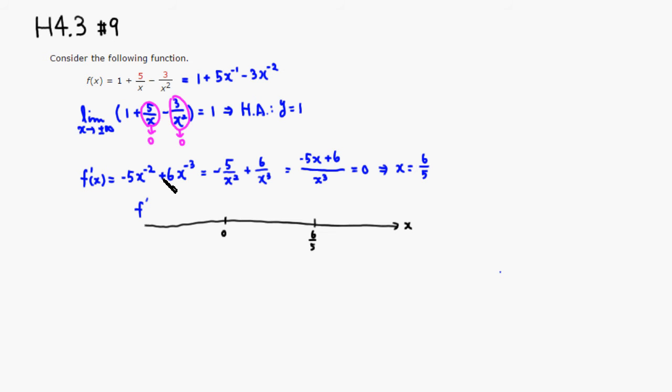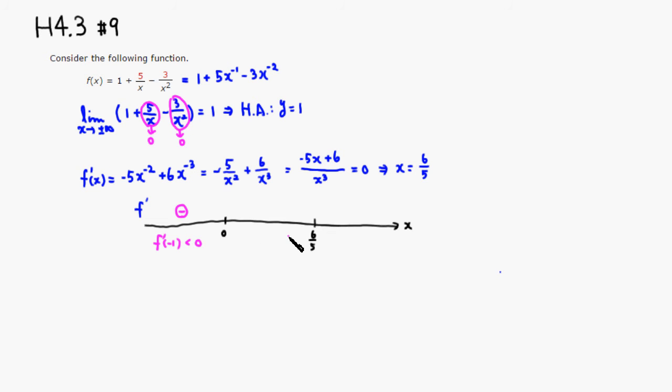Let's try any number less than 0, like f prime of negative 1. If you plug in negative 1 here, that's going to be positive 5 plus 6, positive on top, and negative on the bottom. So it would be negative here. I put the negative sign there.